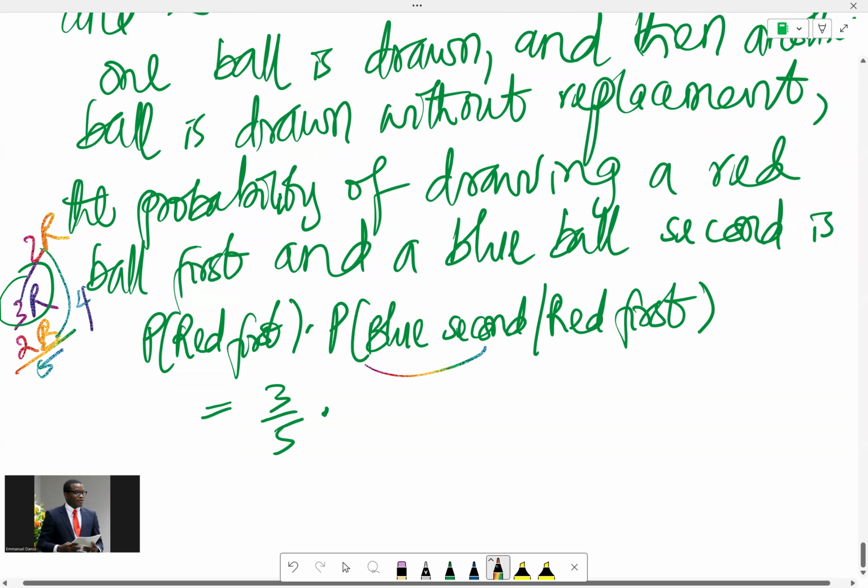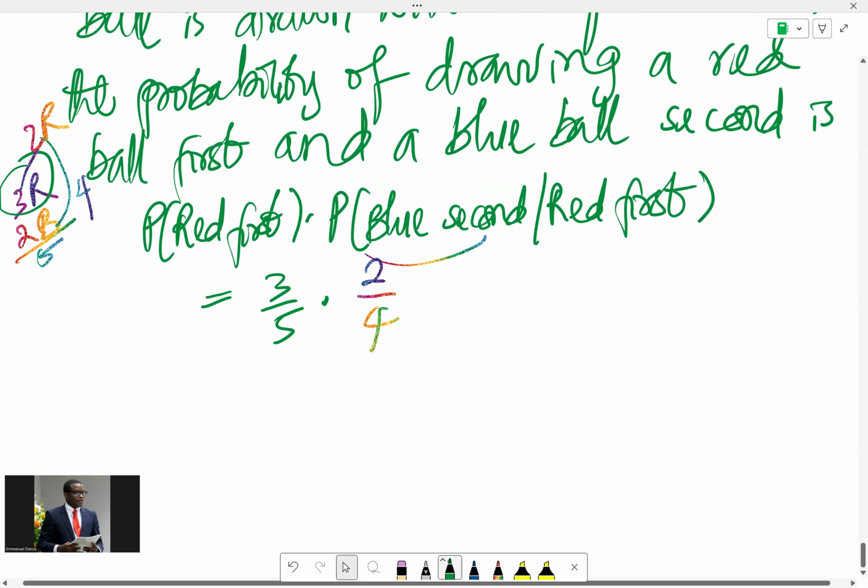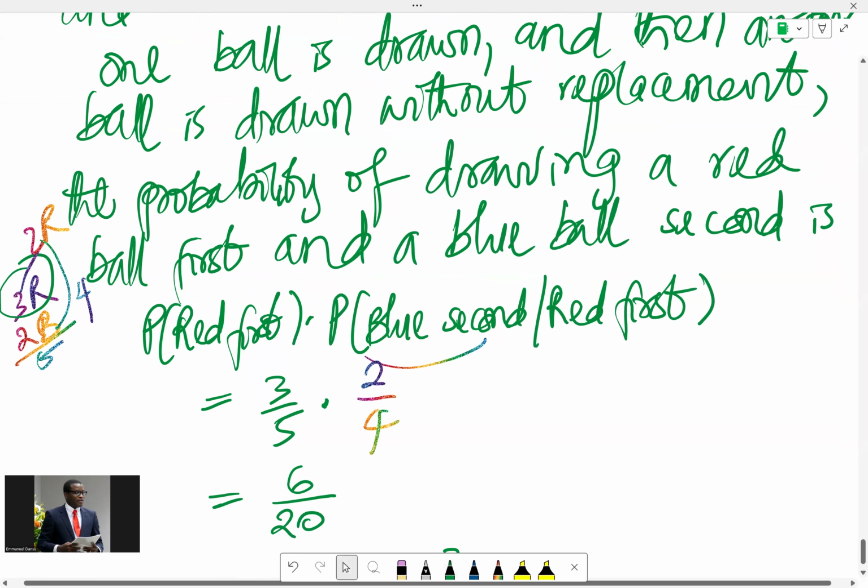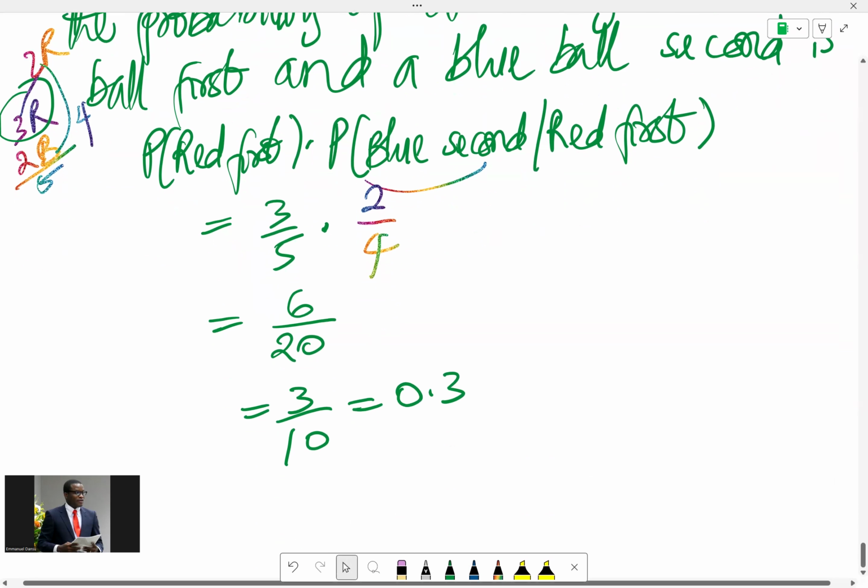You have 2 blue balls out of a total of 4 remaining, right? So put all of that together, that'll be 3 times 2, 6 all over 20, and that is 3/10, or 0.3. So the probability that you get a red first, blue second would simply be 6/20, or 3/10, or 0.3.